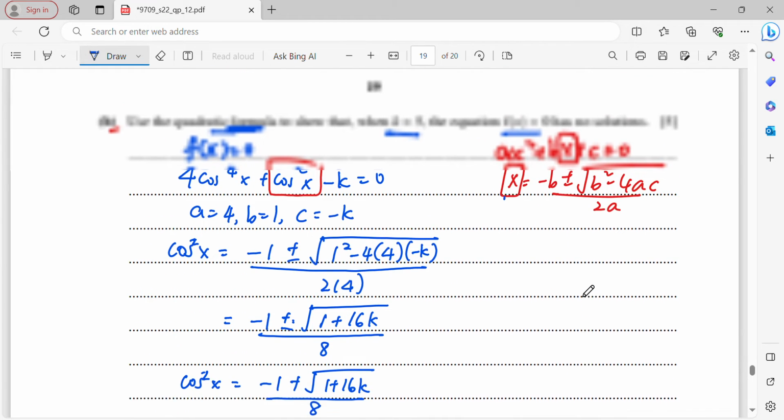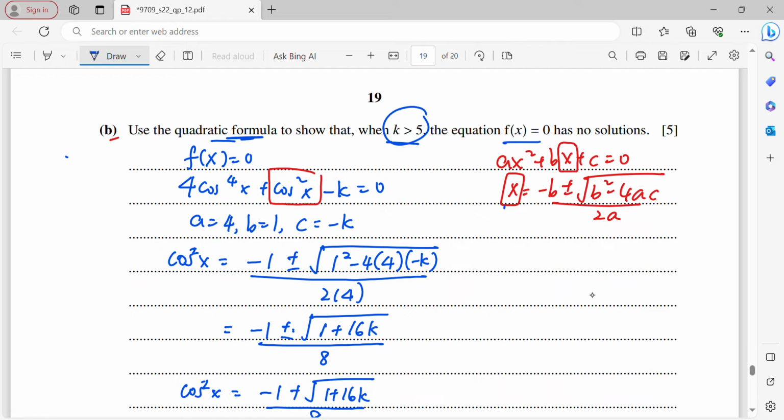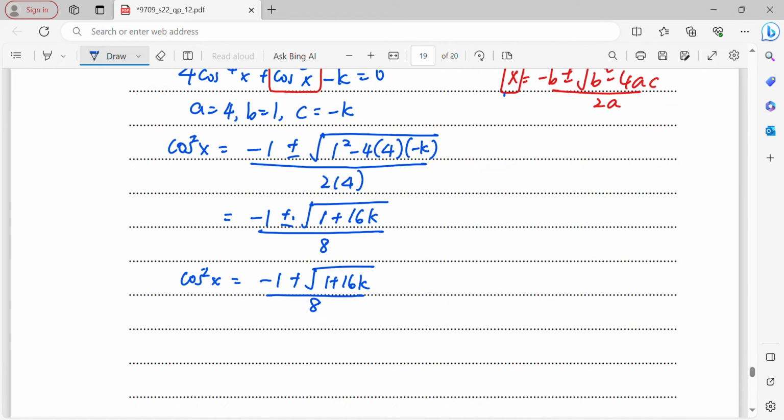Okay, now we need to show that when k is greater than 5, there's no solution. So I have to calculate when k equals 5, what happens? So cos square x is minus 1 plus square root of 1 plus 16 times 5, over 8.